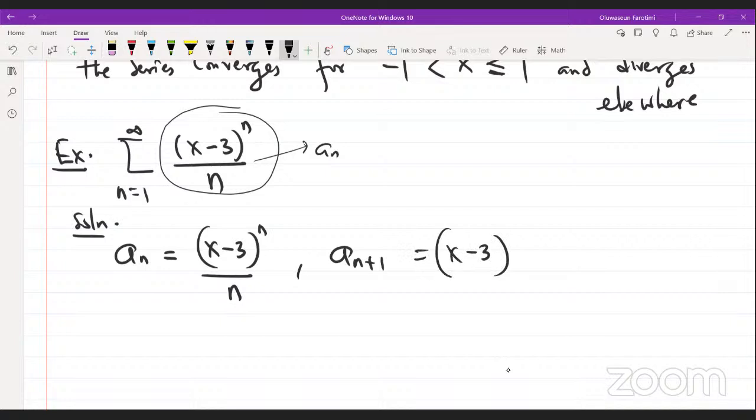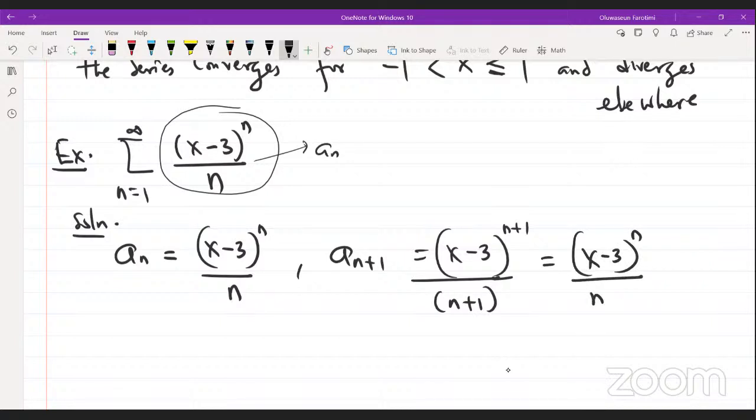You get (x minus 3) to the power of n plus 1, divided by n plus 1. Just as I mentioned before, always find a way to simplify your a sub n plus 1. This is (x minus 3) to the power of n divided by n plus 1, times (x minus 3) to the power of 1.